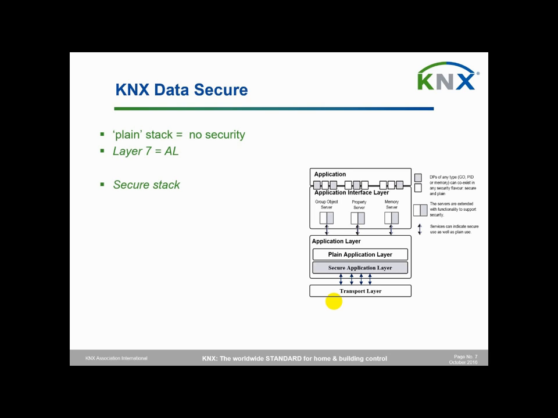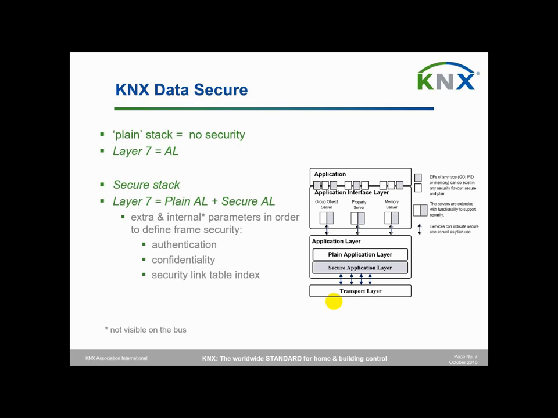In case of a secure stack, a secure device, layer 7 is split up into a plain application layer and a secure application layer. That means some extra internal parameters in order to define frame security will be used. With internal, I mean these are parameters that will not be visible on the bus.